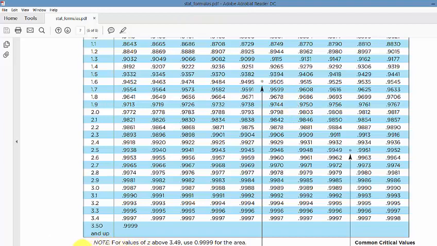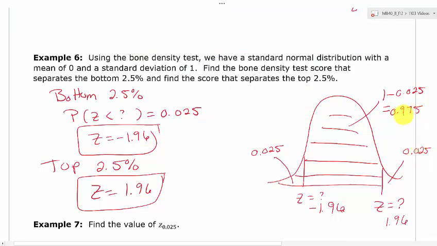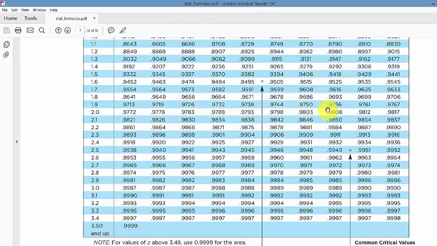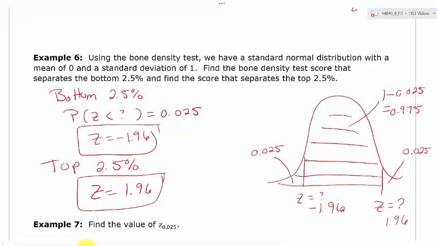What was it? 0.975. Again, it usually takes me a minute to find these, so here it is right here, and so it's 1.96.